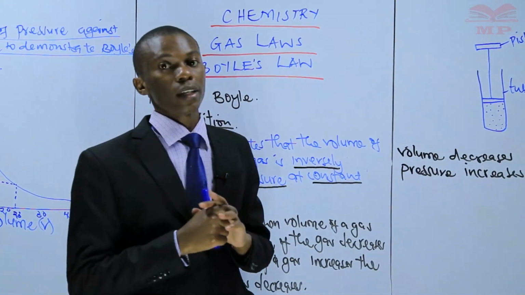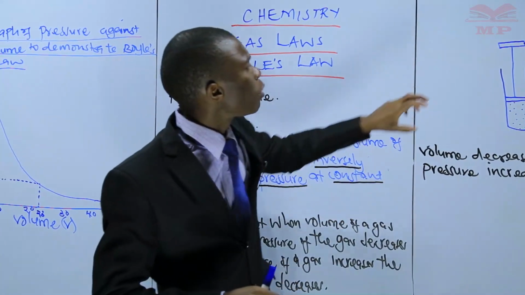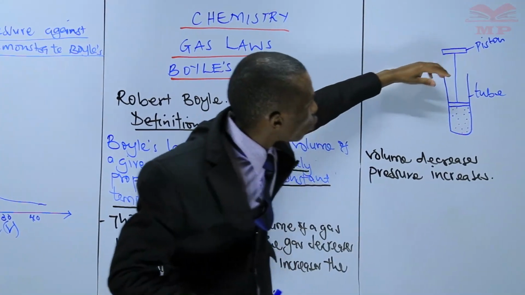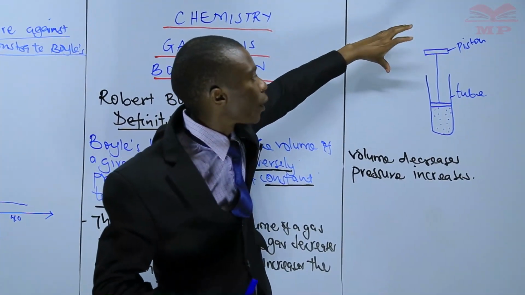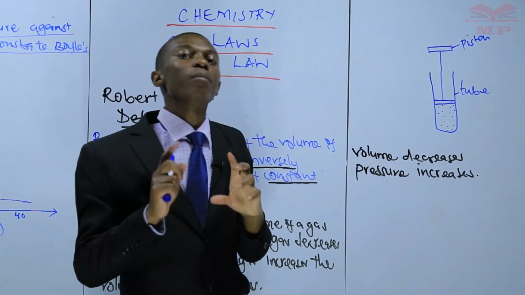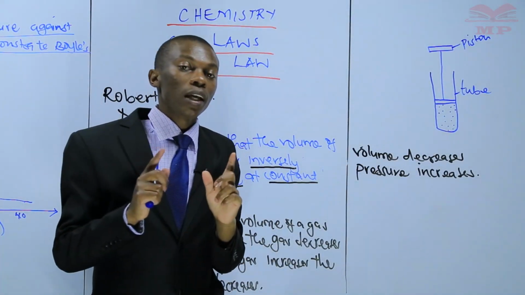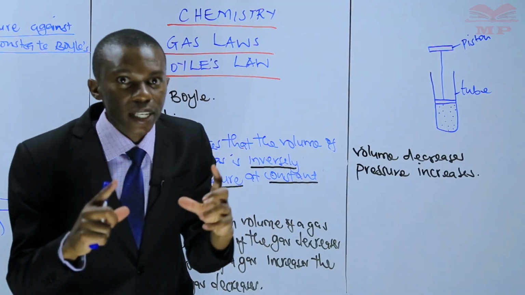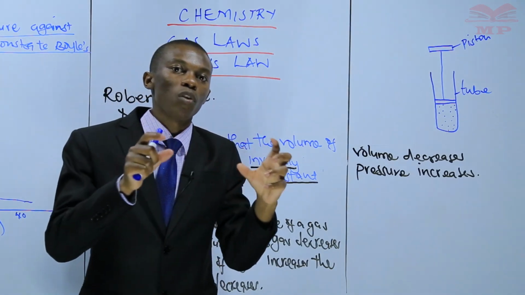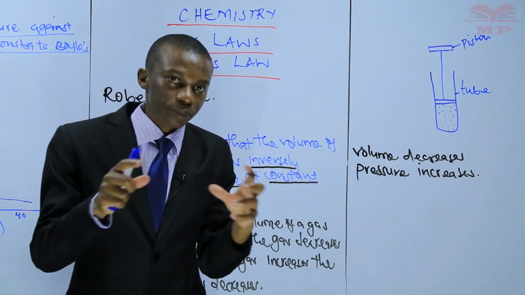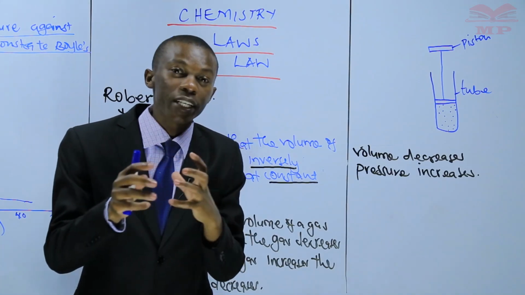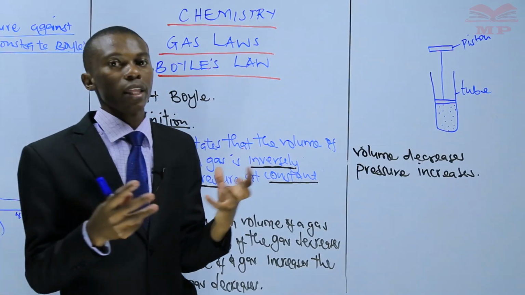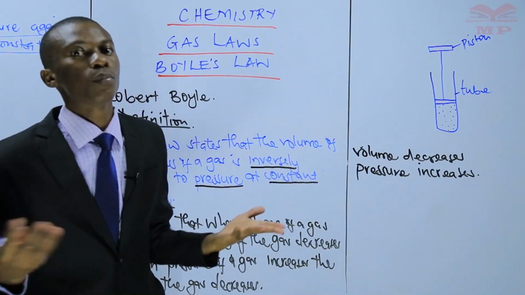And if you pull the piston upwards, the volume inside the tube will increase and the pressure will decrease, because the gas particles are far apart from one another, so the particles are not colliding as often or moving as vigorously, and that's why the pressure decreases.